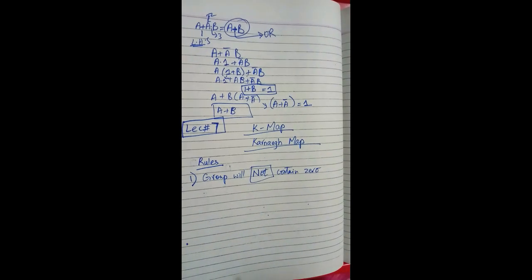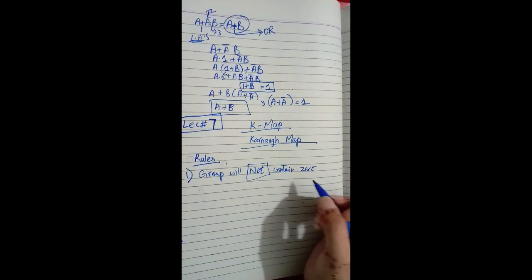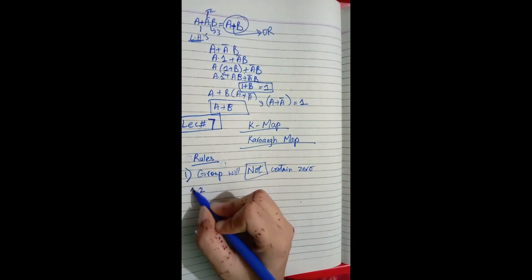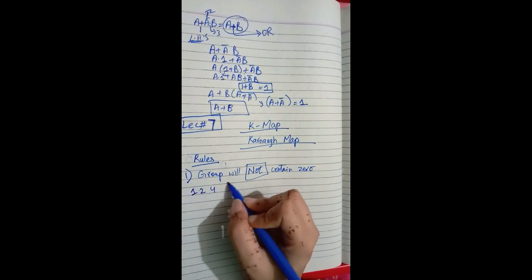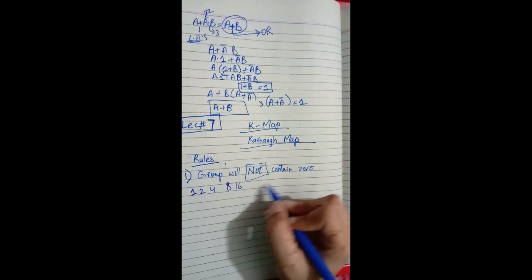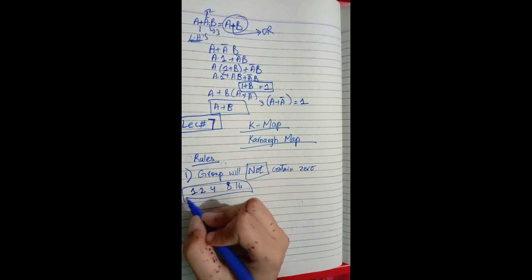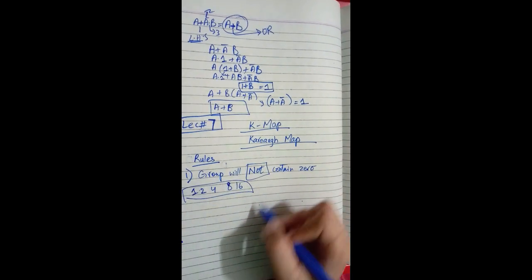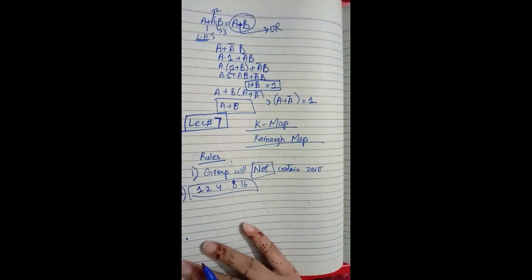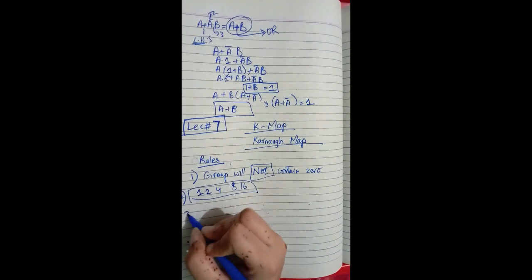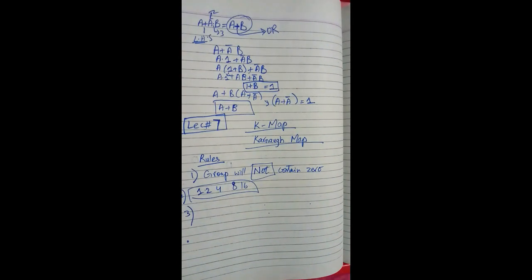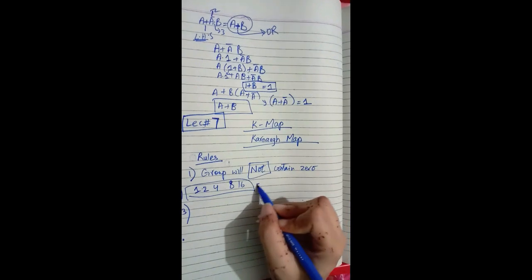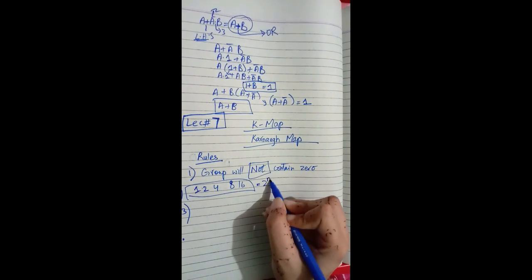We can make groups of 1, 2, 4, 8, 16. This is how we make groups, simply 2 raised to power n. All these points will be clear to you when we make one of the K-maps for practice.